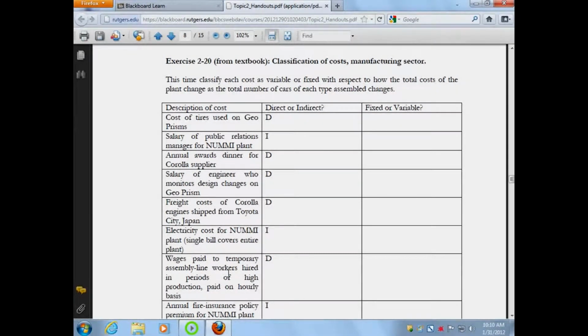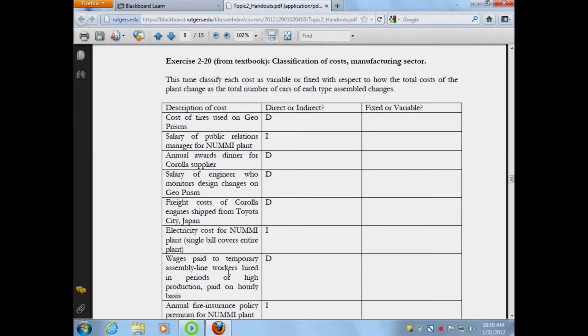The salary of the public relations manager. The annual awards dinner for the Corolla supply. Anyone thinks it might be variable? So is this item a single cost item, or is it something that's composed of other cost items inside it? There's other cost items inside it, right? An annual awards dinner can be composed of so many different parts.